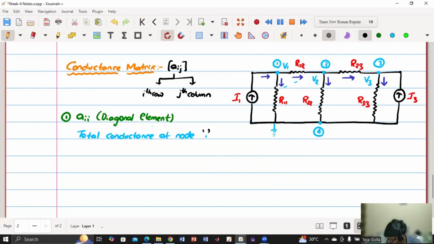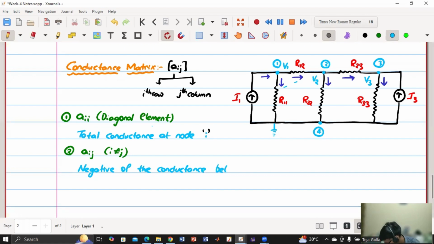Now, if it is Aij, a non-diagonal element such that i is not equal to j, which means it is not a diagonal element, then it will be the negative of the conductance between node i and node j.